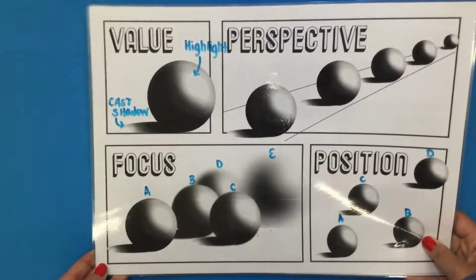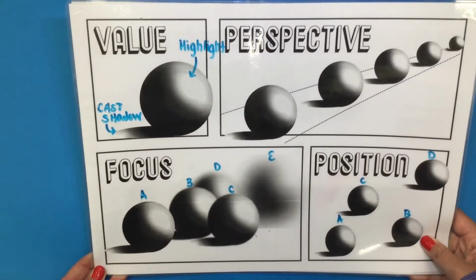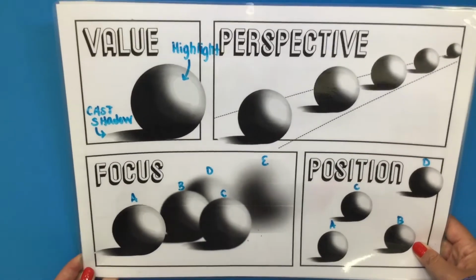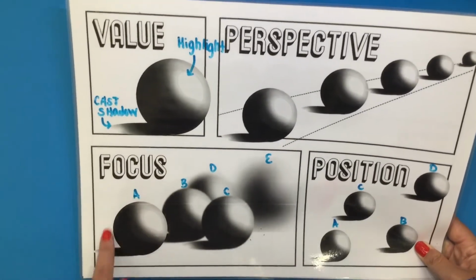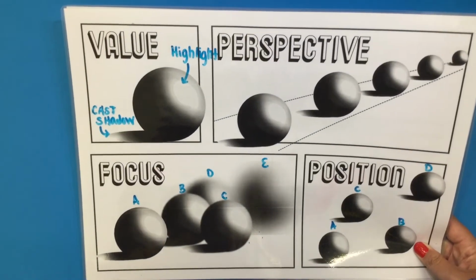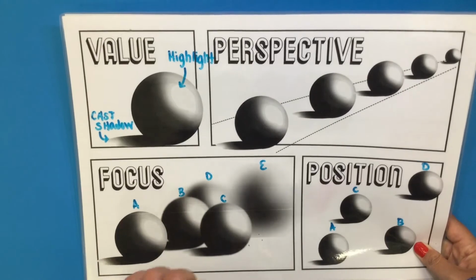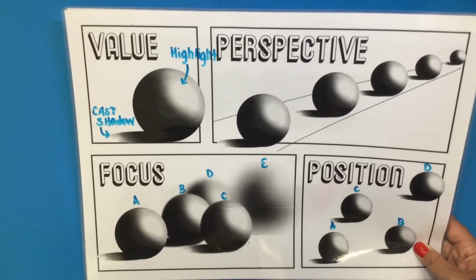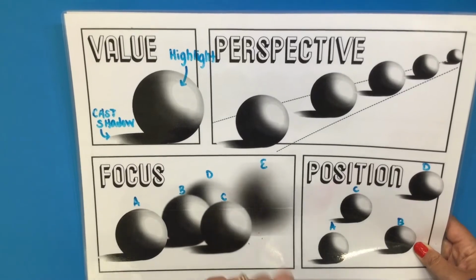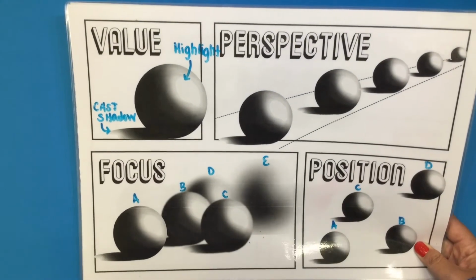If you are struggling to see something really far away from you, it may be kind of blurry. The farther away, the less crisp and defined the thing that you're seeing is. So, boys and girls, which sphere do you feel like is furthest away from you? If you guessed E, you're correct.